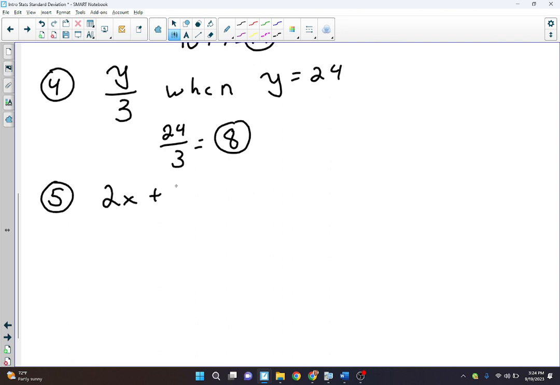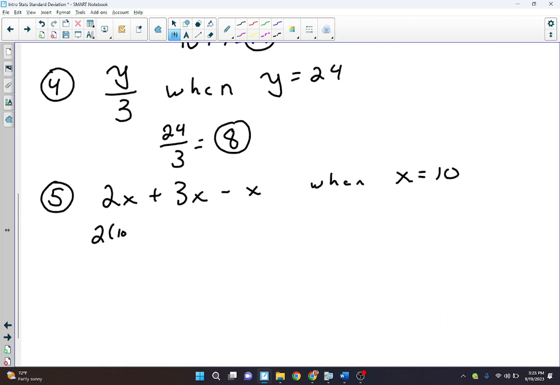2x plus 3x minus x when x equals 10. In this scenario, you have to plug in 10 for every x you see.